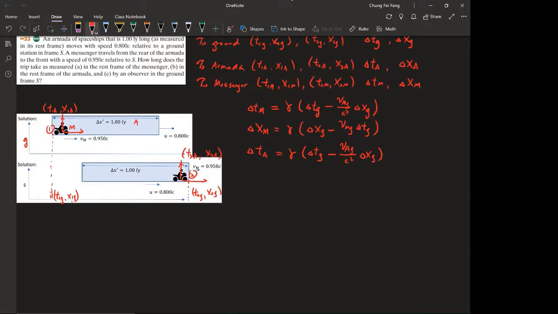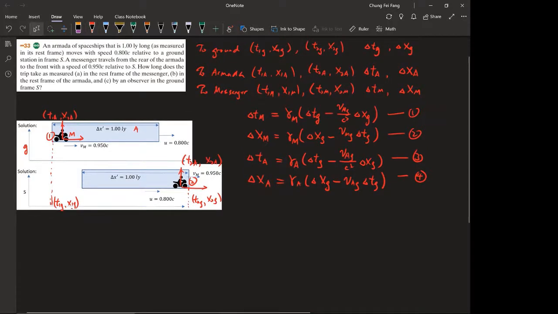In order to differentiate the gamma factors, I denote the gamma factor for the messenger as gamma M, and the gamma factor for Amanda as gamma A. Similarly, we have the space difference in Amanda: delta XA equals gamma A times (delta XG minus V_AG delta TG), measured from the ground station.